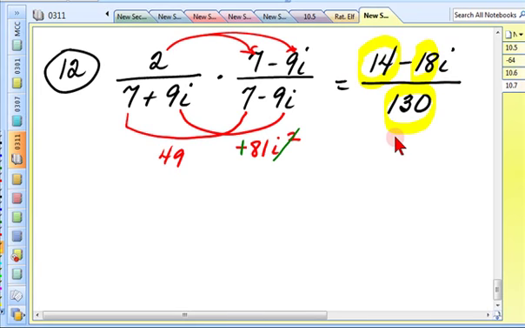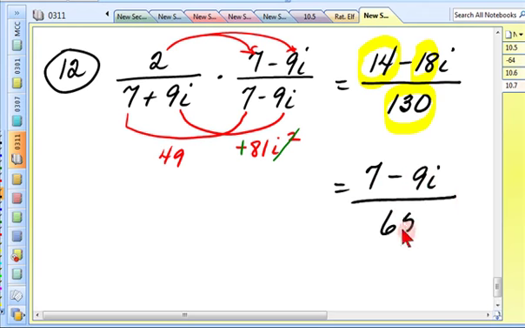What will go into all of those? 2. All right, so 2 is going to go into 14 7 times. 2 goes into negative 18i, negative 9i times. And 2 goes into 130, 65 times.